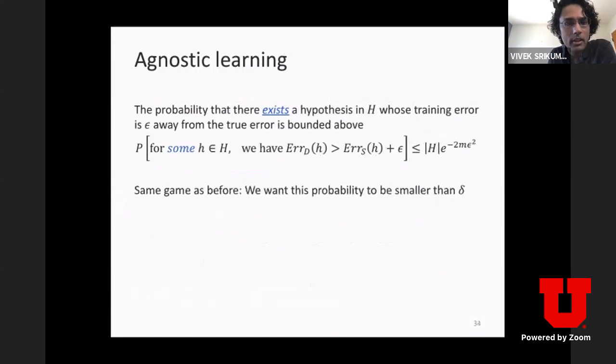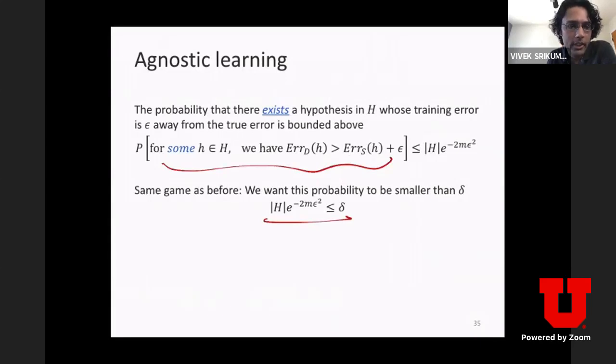I want this quantity to be smaller than delta, and I can do that by saying that if the size of H times e to the power minus 2m epsilon squared is less than delta, then of course this is less than delta.